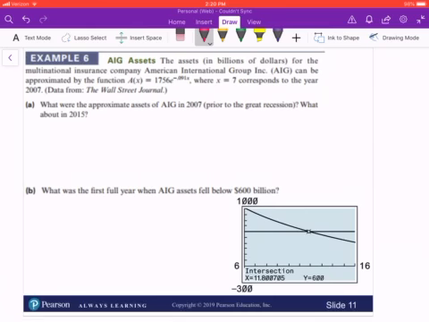So here our x corresponds to the year in which the insurance company collected some data on the assets in billions of dollars. So our input is here, the year.